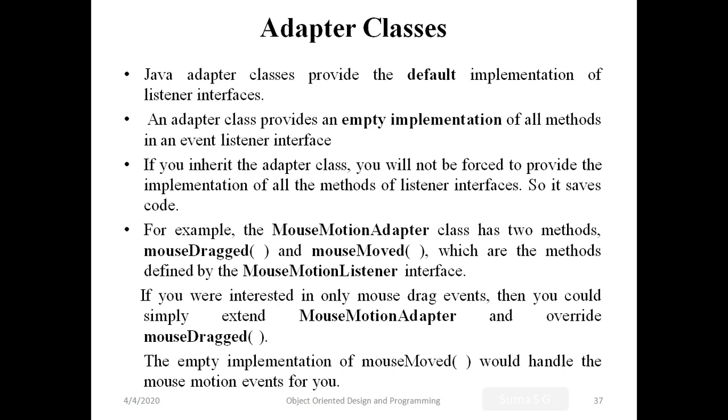It will work fine without any compilation error because the empty implementation is provided in the MouseMotionAdapter class. So if you are interested only in mouse drag events, you could simply extend MouseMotionAdapter and override the mouseDragged method. The empty implementation of the mouseMoved method would handle the motion events for you.